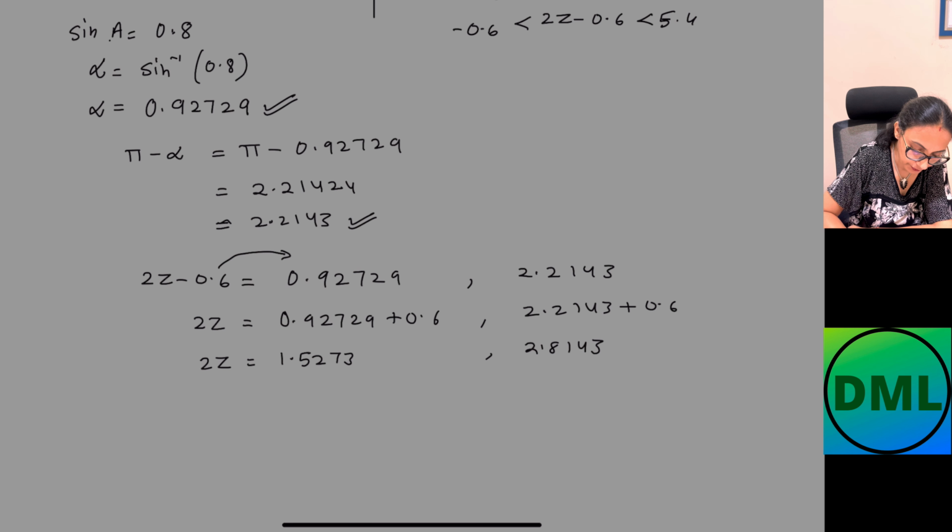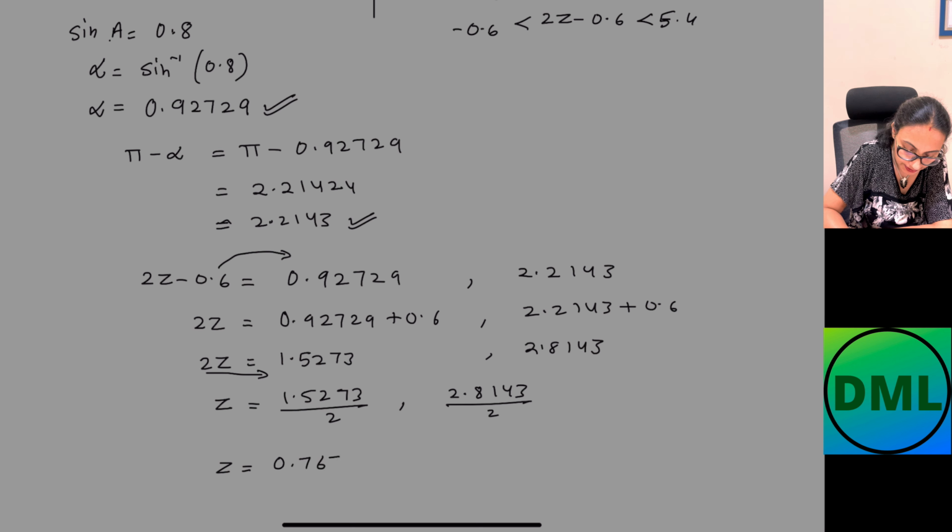Let's get the answer for z. That means I need to divide by 2 on this side. So it will be 1.5273 over 2, and 2.8143 over 2. So the z values will be given by, if you divide it, your answer will be 0.76365. Here if you divide it, your answer will be 1.40715.